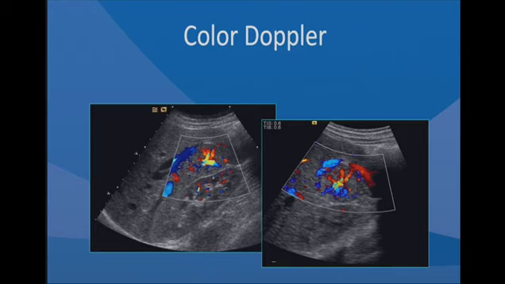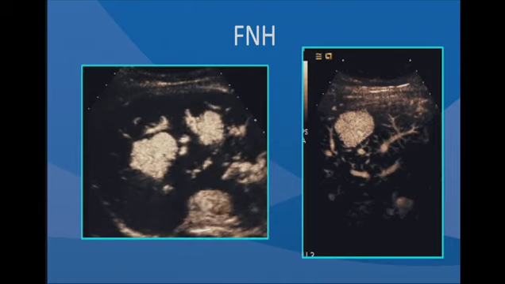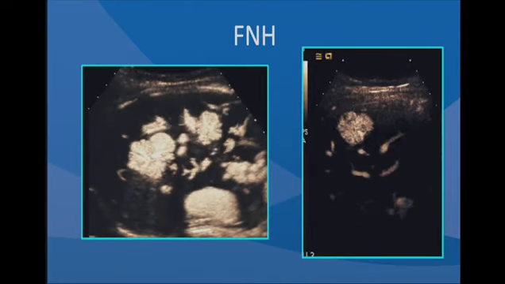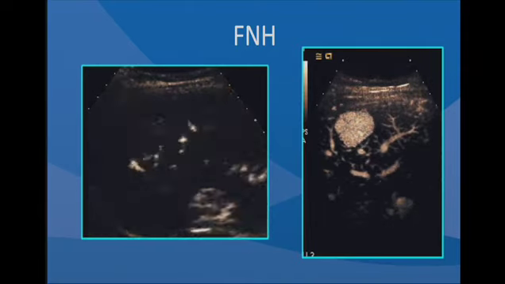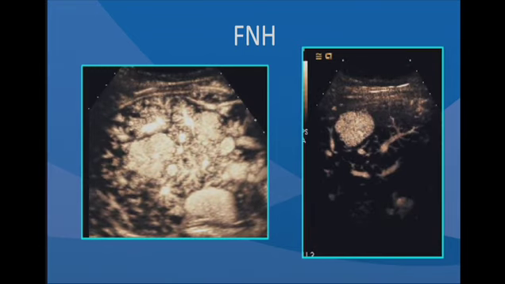Now, although we can often see this stellate vasculature on color Doppler, this has never been proven to be reliable as an accurate method of diagnosing FNH, whereas contrast-enhanced ultrasound, with its classic appearance on MIP imaging, is recognized to be a confident method for this benign diagnosis.